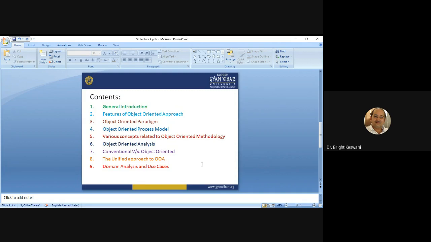Object-oriented technology uses the concept of reuse, which leads to faster software development and higher quality programs. So if you want to make your software reusable and high quality, you should adopt the object-oriented approach. First thing, it makes your software reusable.